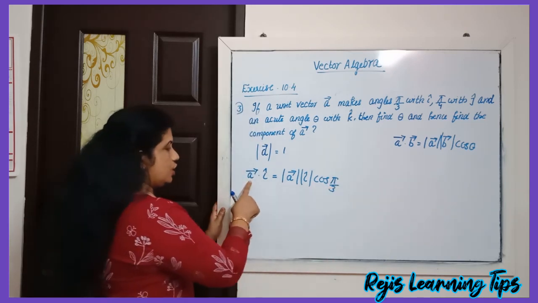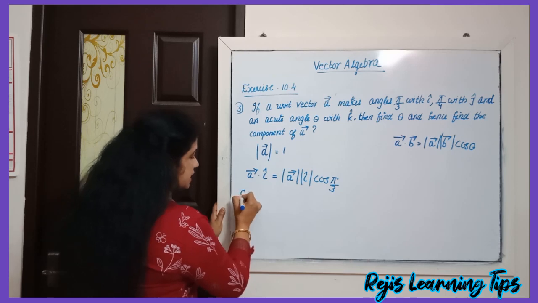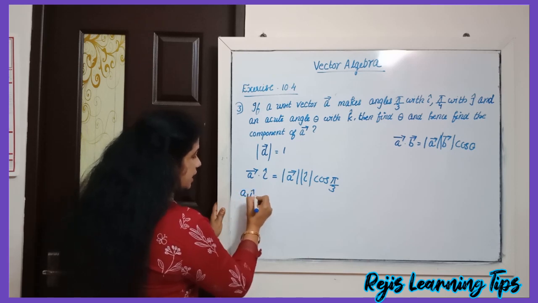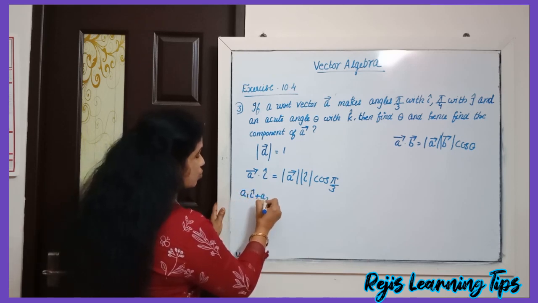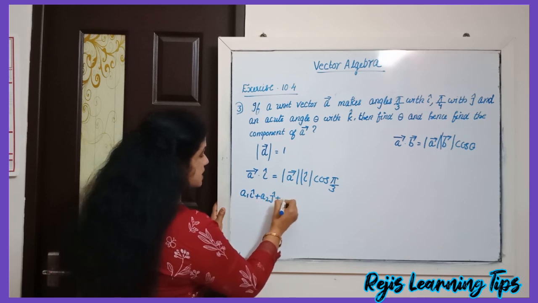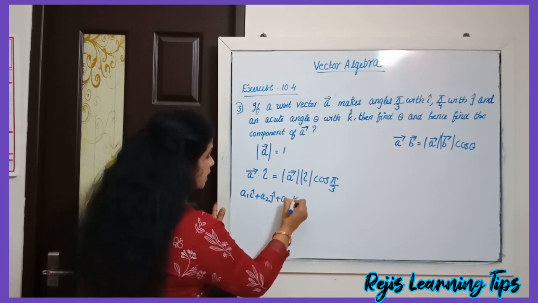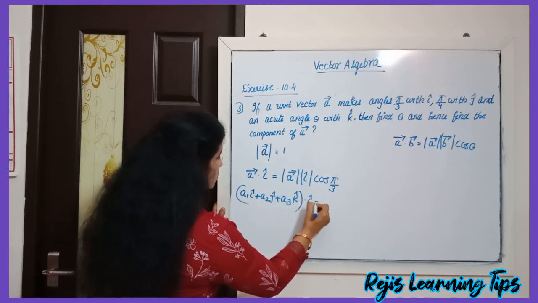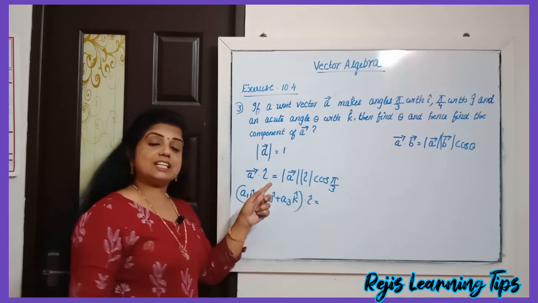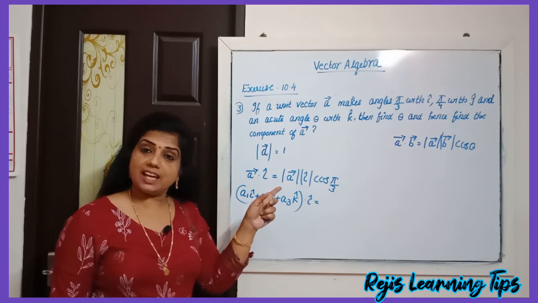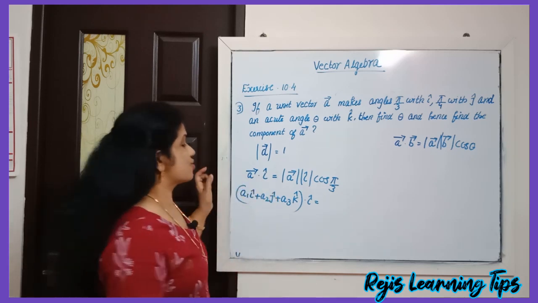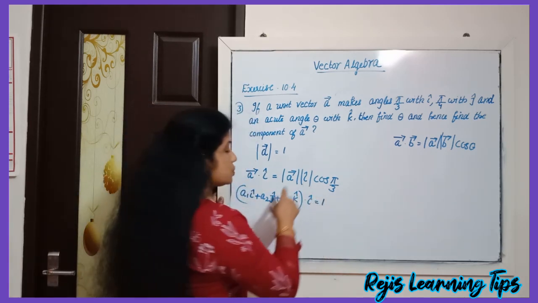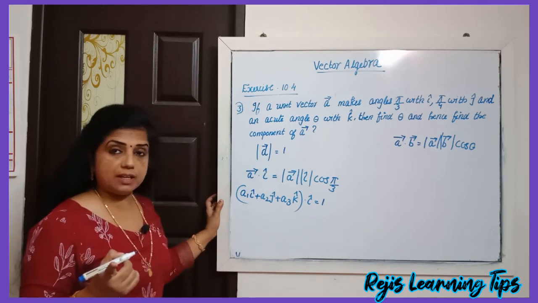Vector A means that is A1 I cap plus A2 J cap plus A3 K cap, dot I cap is equal to, what is modulus of vector A? Correct, 1. Then what is modulus of I cap?